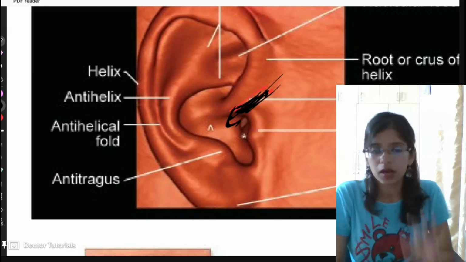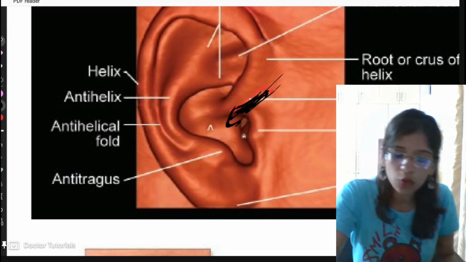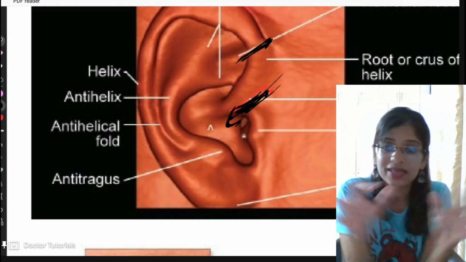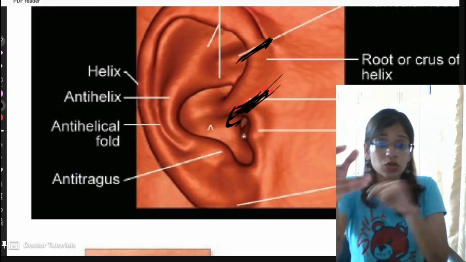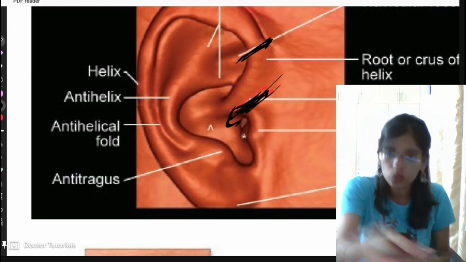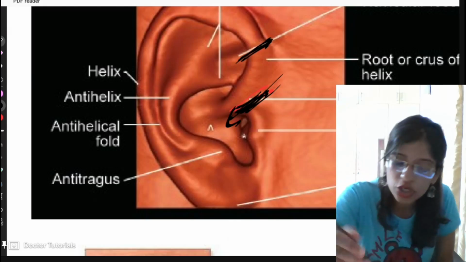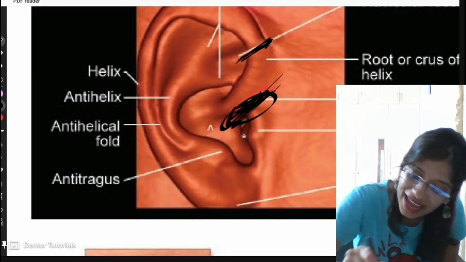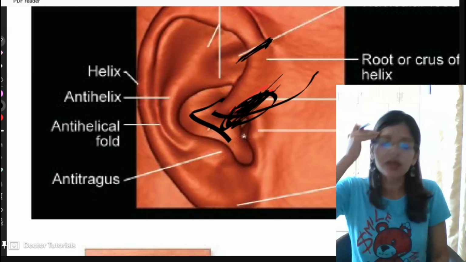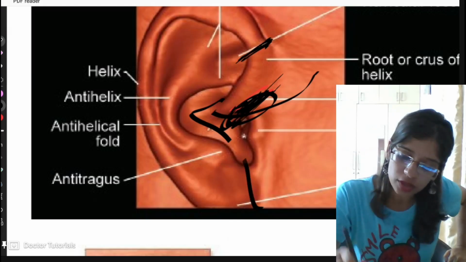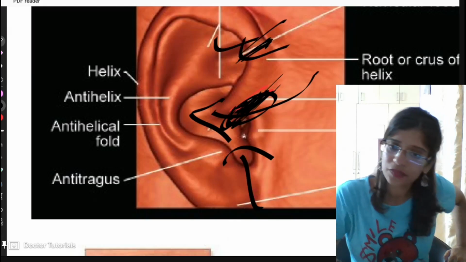Understood? Now you might ask, what is the problem if he cuts the cartilage? See, the incisura terminalis, that area does not have cartilage. So I'm telling you, if the surgeon wants to do surgery in the middle ear or external ear, he will prefer to make an incision via the incisura terminalis and then go inside. So you might ask me, he can approach the ear through other areas also, right?